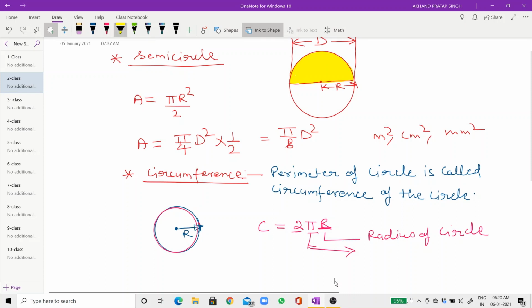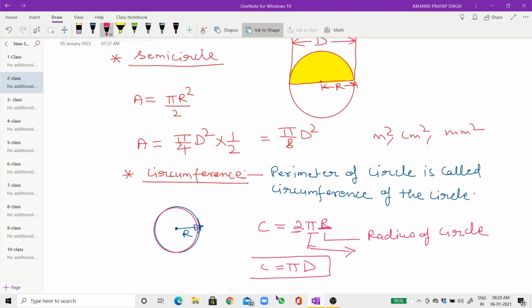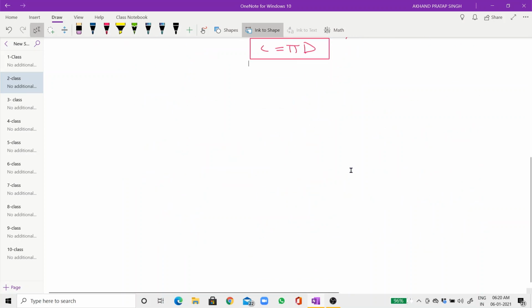So in terms of diameter, c is equal to pi d. So what is pi? We have discussed in detail what pi is.